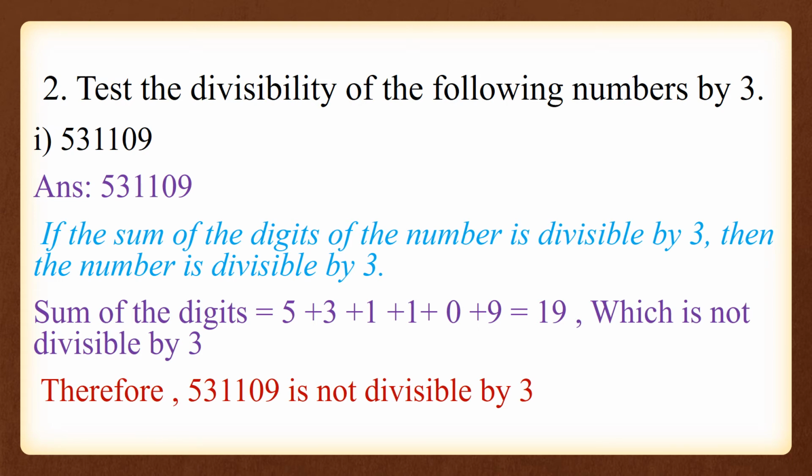So we are going to find out the sum of the digits. Sum of the digits is equal to 5 plus 3 plus 1 plus 1 plus 0 plus 9, which is equal to 19, which is not divisible by 3. So 5,31,109 is not divisible by 3.